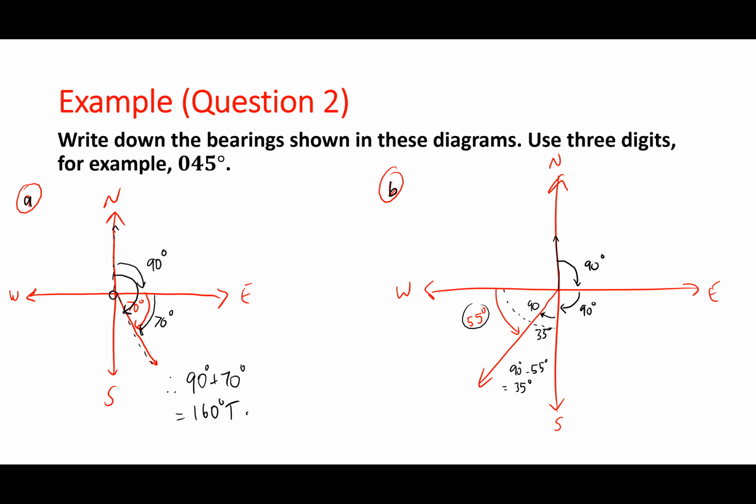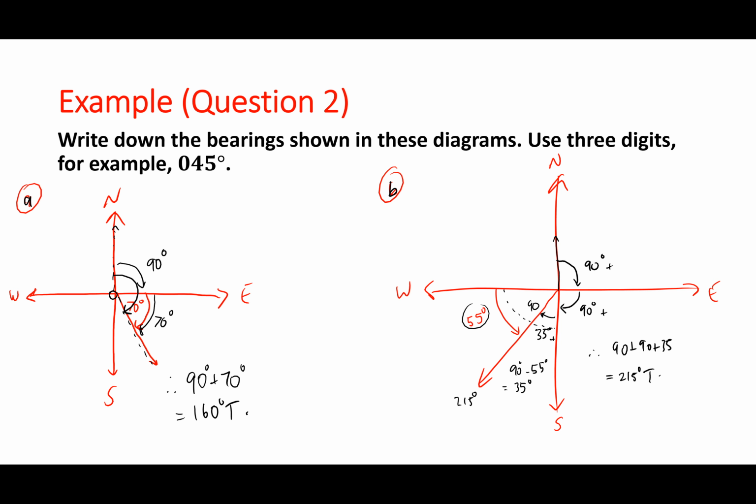Then all we need to do is add the 90 and the 35. So 90 plus 35 gives us 180 plus 35, which is 215 degrees. So this one down here is 215 degrees T for true north, from the north around.